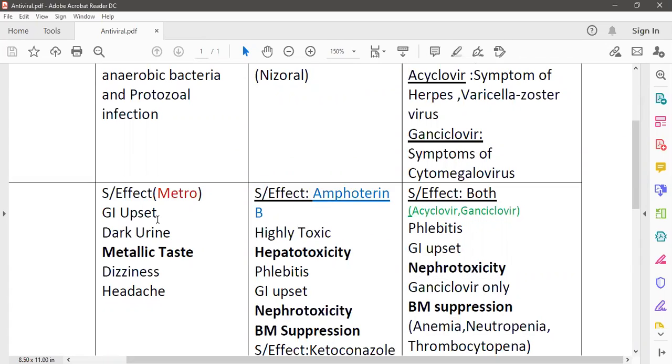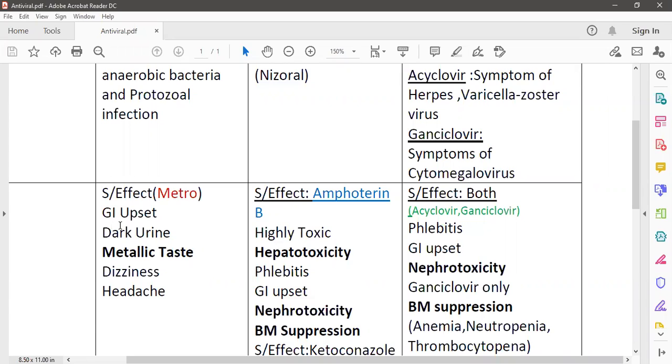If the patient has any kind of allergic reaction to metronidazole, or even occasionally starts having a seizure, definitely in that case we remove the medication, switch the medication.